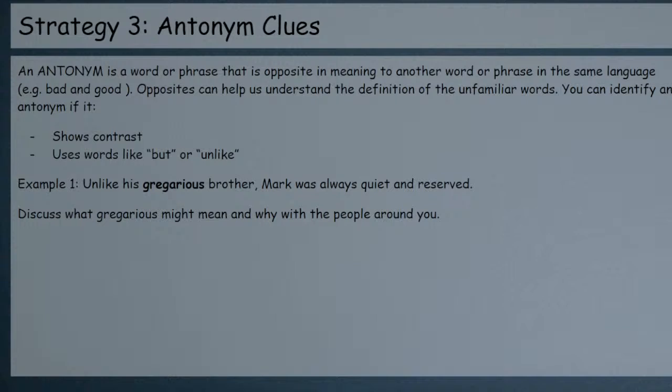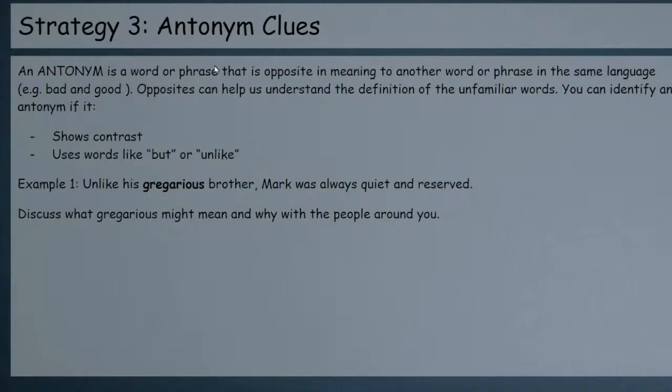Opposites can help us understand the definition of unfamiliar words. You can identify an antonym if it shows contrast between two things, and if they use words like but or unlike. In our first example, it says, unlike his gregarious brother, Mark was always quiet and reserved.